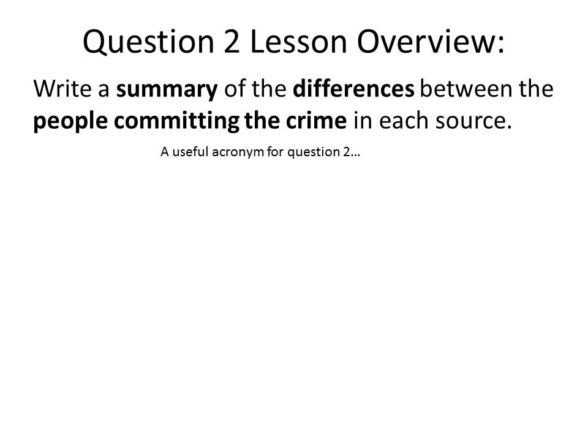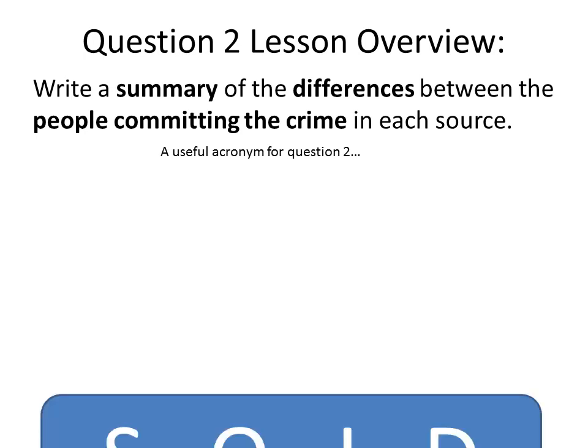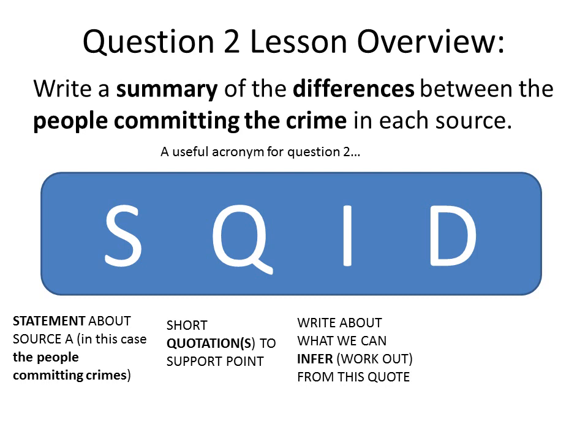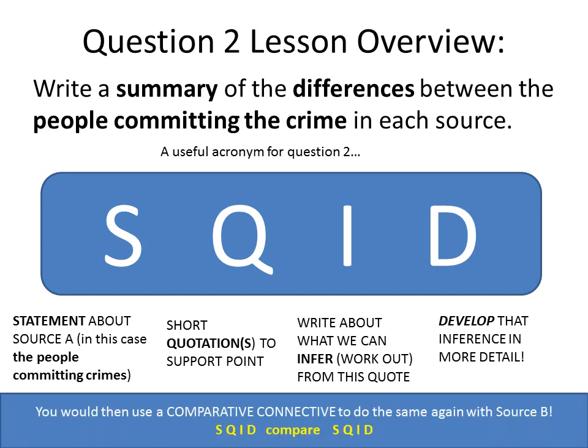The acronym that I introduced you to for this question is SQUID, which, as we know, stands for statement about the first source, quotations to support that point, what you can infer or work out from those quotations, and then go even further, try and develop that inference in more detail. You then use a comparative connective to do the same with source B.